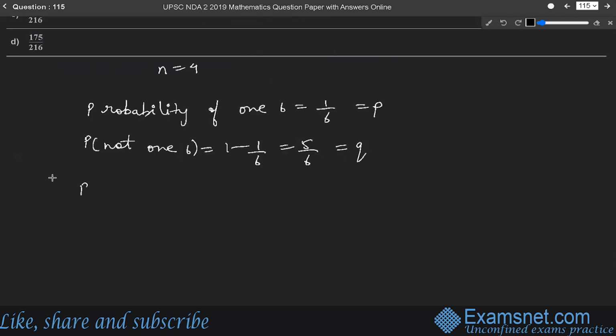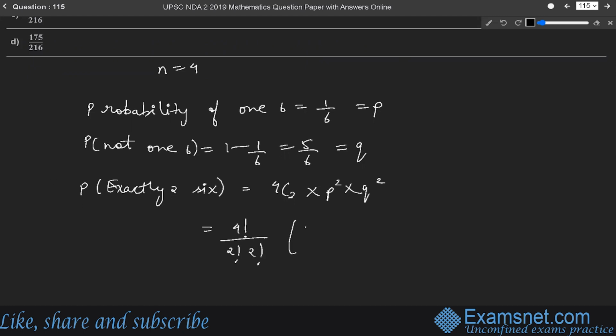Therefore, probability of exactly 2 sixes will be 4C2 into P square into Q square. So it will be 4 factorial upon 2 factorial into 2 factorial into 1 by 6 power 2 into 5 by 6 power 2.